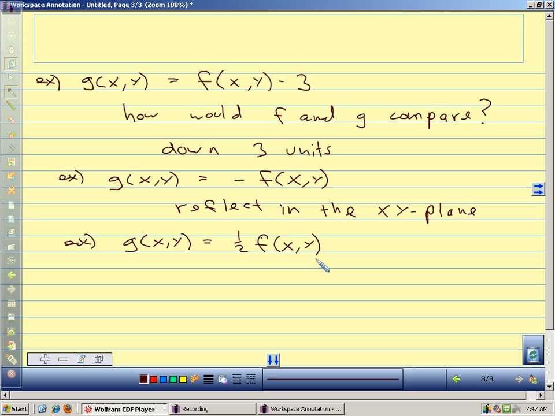Emily says like a parabola, if you have a parabola and you do 1/2, it makes it wider, but it's kind of squashed down, right? Would it make the z length half? Right, so the z length would be half. So it'd be squashed down, but it kind of widens it also. So this would be shrunk down by a factor of 1/2.